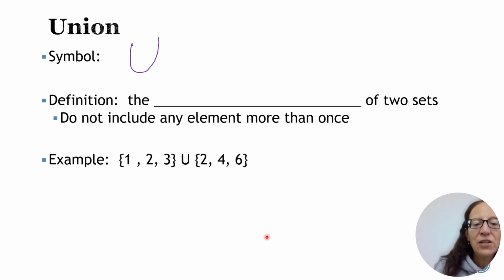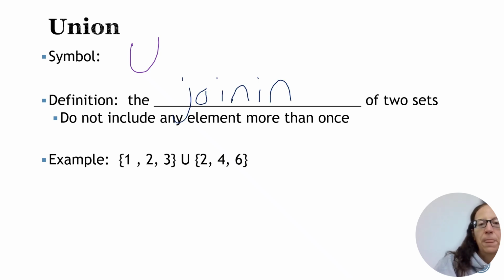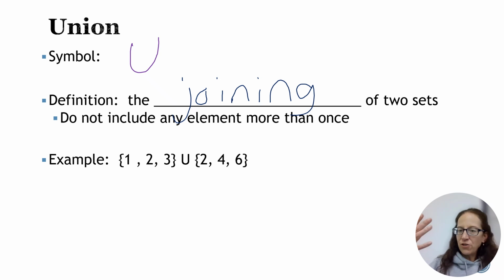Now, the definition of union is essentially the joining of two sets. If you think of marriage, we say the union between two people, and it might be the union between two families. In a happy world, it's the union of two families: we have one party and their family and the other party and their family, and we're unioning them together, and now we have one big family.